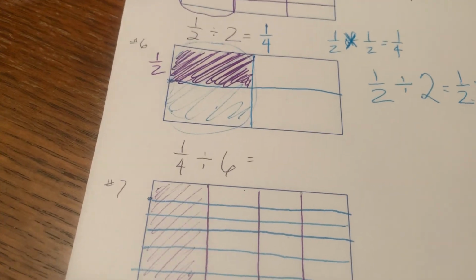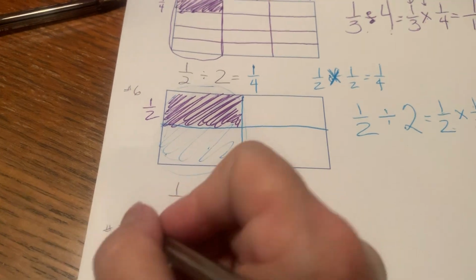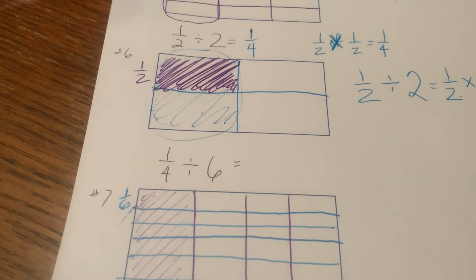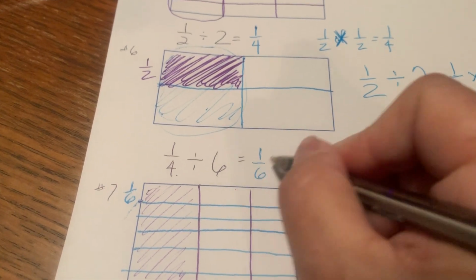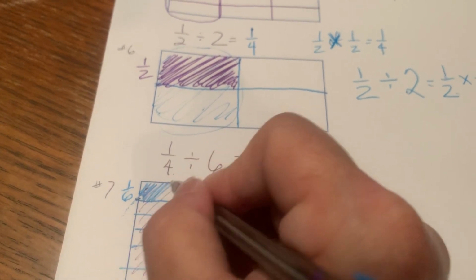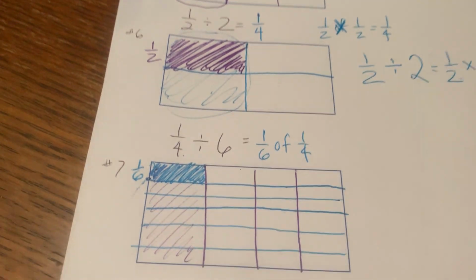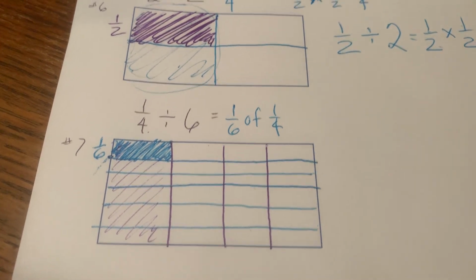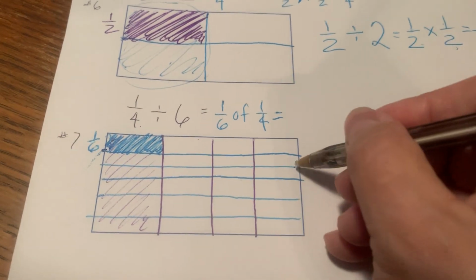And then I'm going to think, okay, here's my fourth, and I want to find one of those pieces. I'm finding 1/6 of 1/4. And so we want to name that piece, looking at the whole all together.